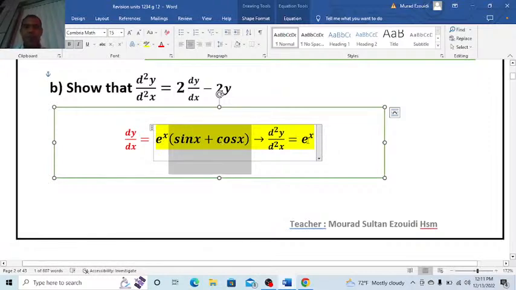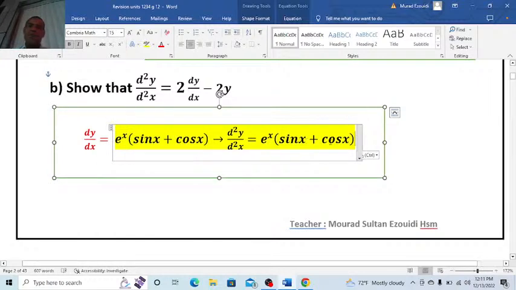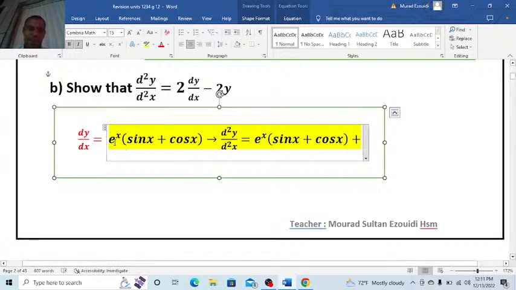I keep exponential of x as it is, but I should differentiate sine x plus cosine of x.